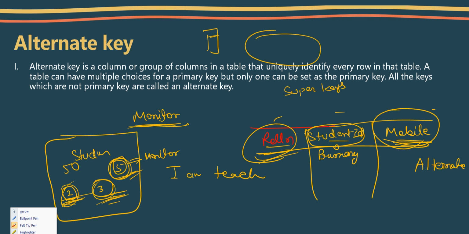In the same way, in our table we have different options, right? I have different options to select any one of them as a primary key, but I can only select one column as a primary key. This is the rule. So I cannot go against the rule. So I'll select any one of them as a primary key, and the others will be termed as what? Alternate keys.